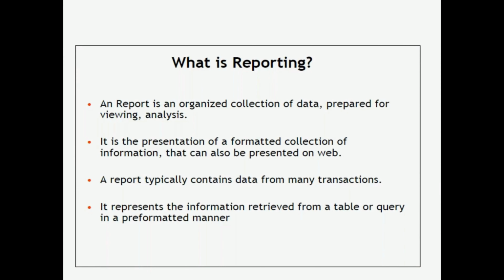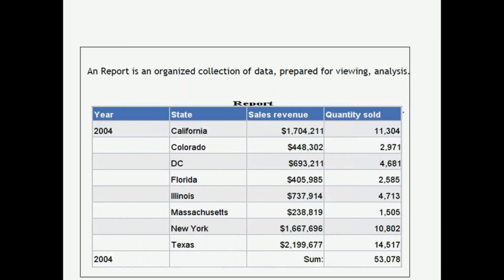A report is a collection of data. So here you can see a simple report. In 2004, for each state, how much is the revenue generated? What is the total quantity? So it's a collection of data prepared for viewing and analysis. What kind of analysis are you doing here?